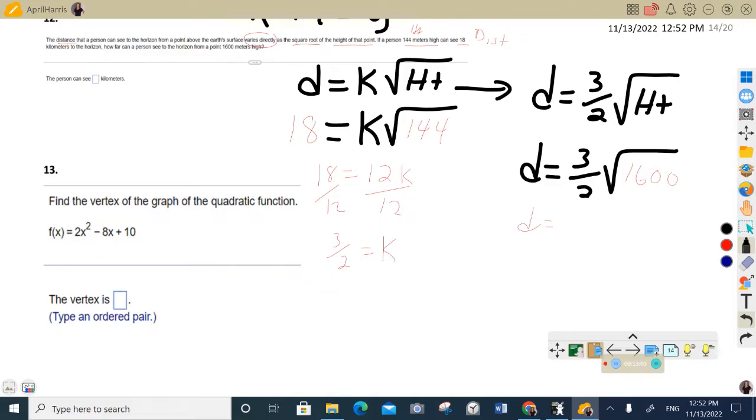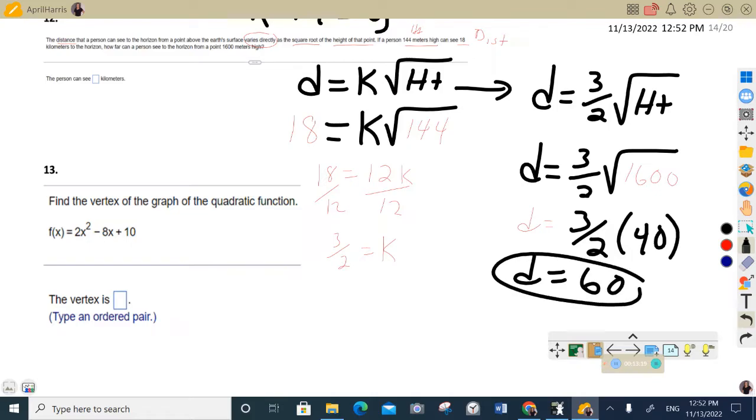Let me double check it. It is. So we have 3/2 times 40. And half of 40 is 20. 20 times 3 is going to be 60. So the person can see 60 kilometers.